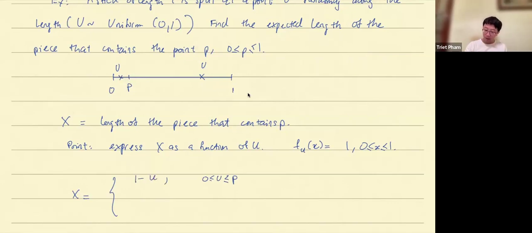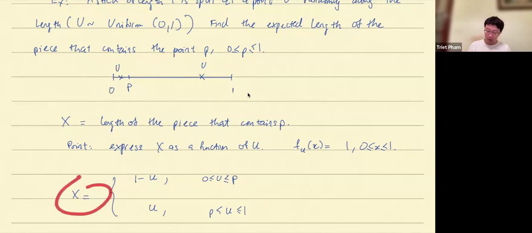And U can be over here, which is the case that U is bigger than P. You can include this if you want, but by default U is less than 1. And then what's the length of the piece? The length of the piece is U itself. And there you have it, that's the function. This whole nature of seeing the right piece and the left piece is sort of the piecewise nature of the function.